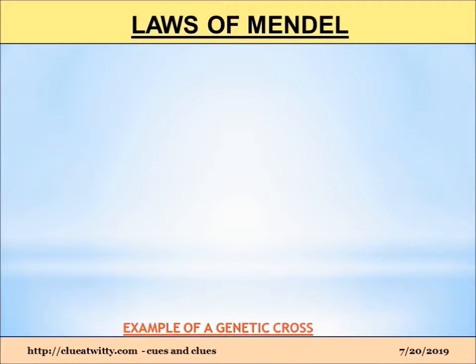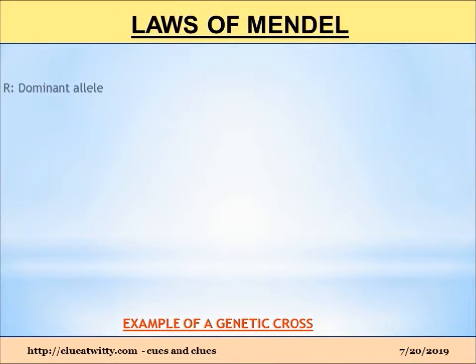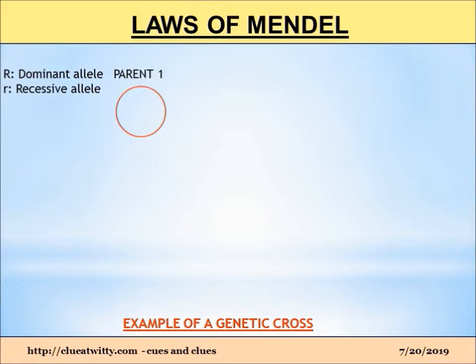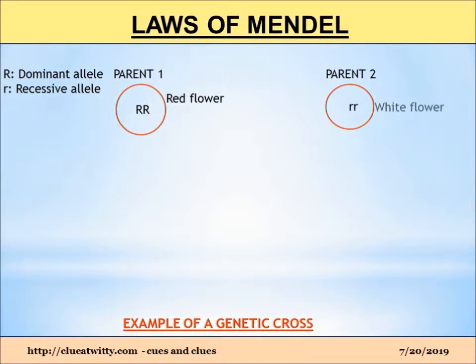This is a figure of a genetic cross. It explains all the terms which we have understood right now. In the cross, a red flower with a homozygous genotype, capital R capital R, is crossed with the second parent, which is a white flower with the genotype small r small r, also homozygous for its character.